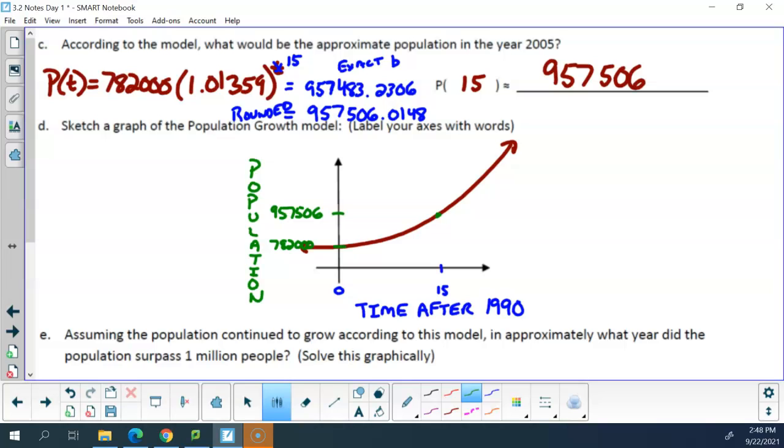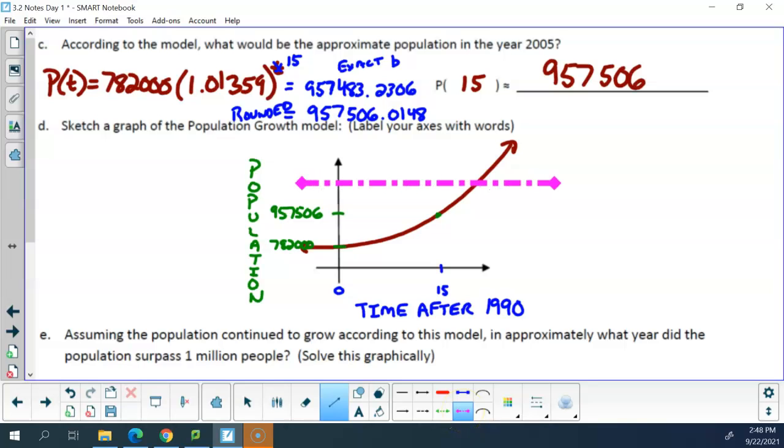Solving it graphically, you should have put somewhere up in here another line at 1 million. And then label it better, and then find that intersection point.